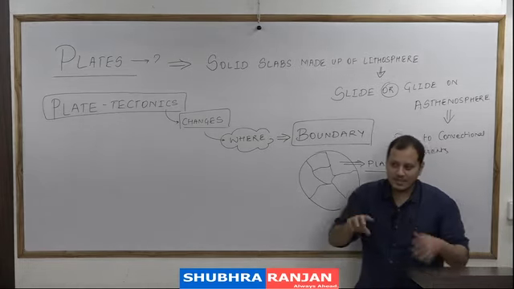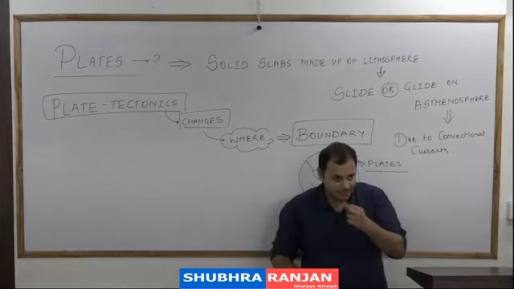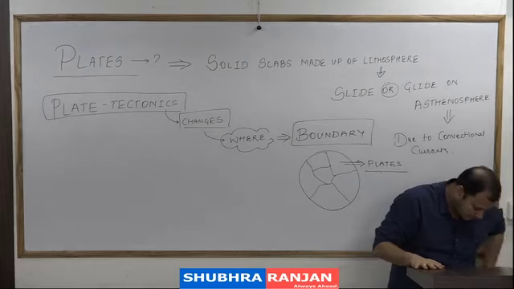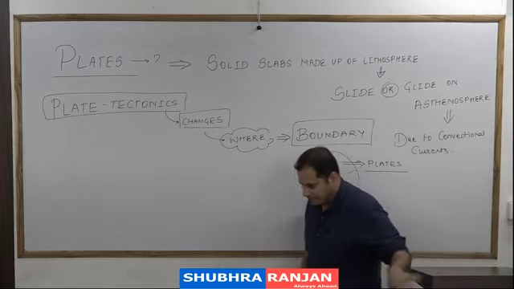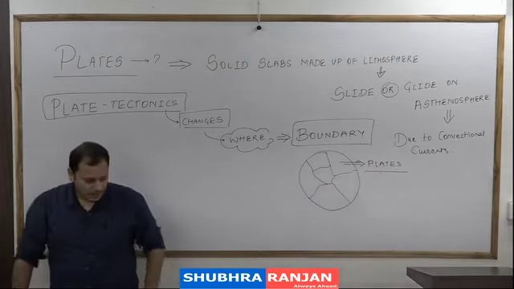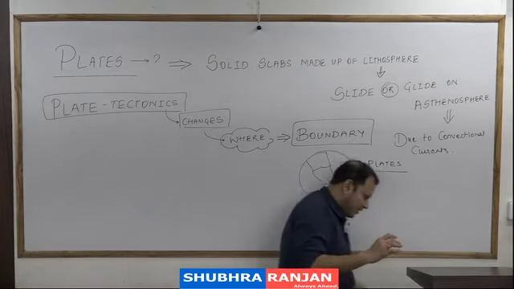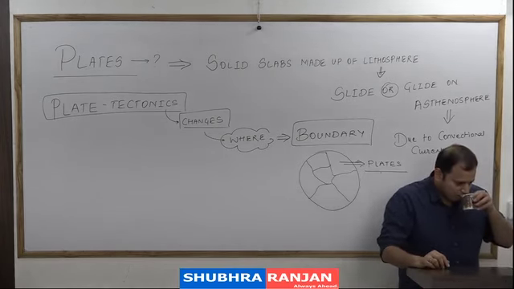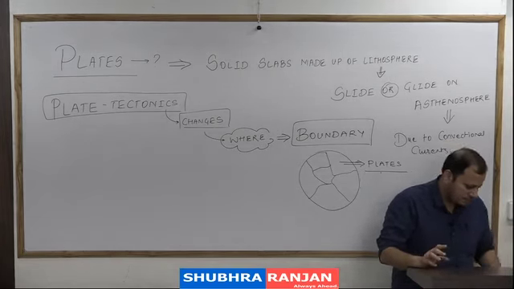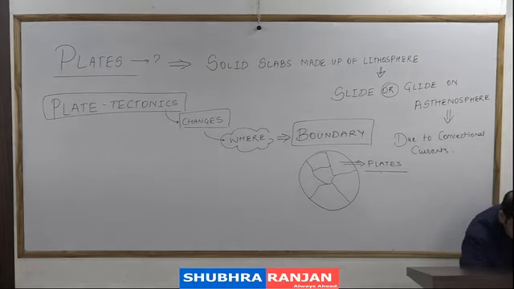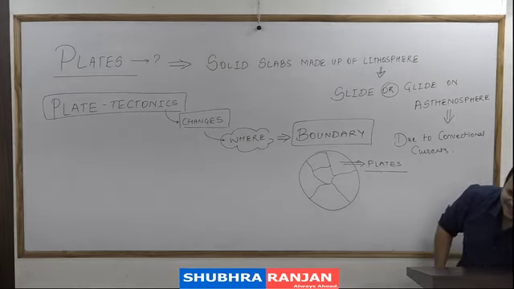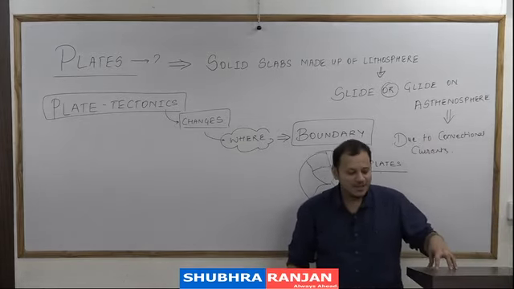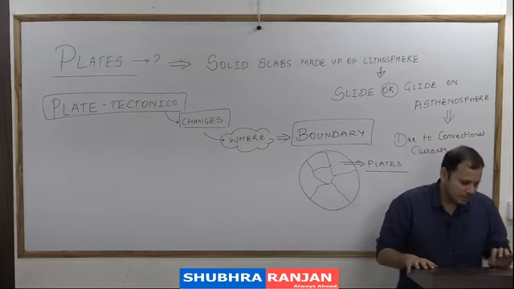So this is an example I was talking about, but let us come back to the plates and the plate tectonic theory. You can take down the definition of plates. Plates are solid lithospheric blocks. And you know what the lithosphere means? Lithosphere means the crust and the uppermost mantle, not just the upper crust, crust and the uppermost mantle, known as plates.